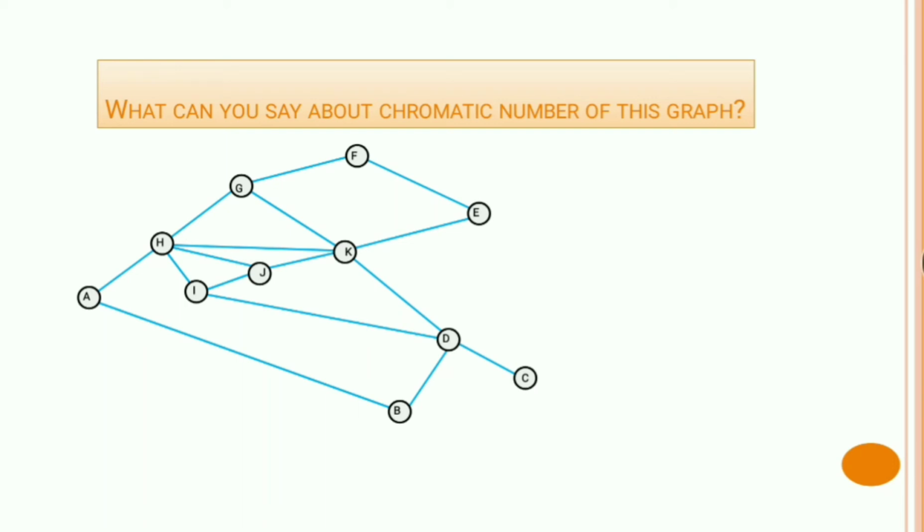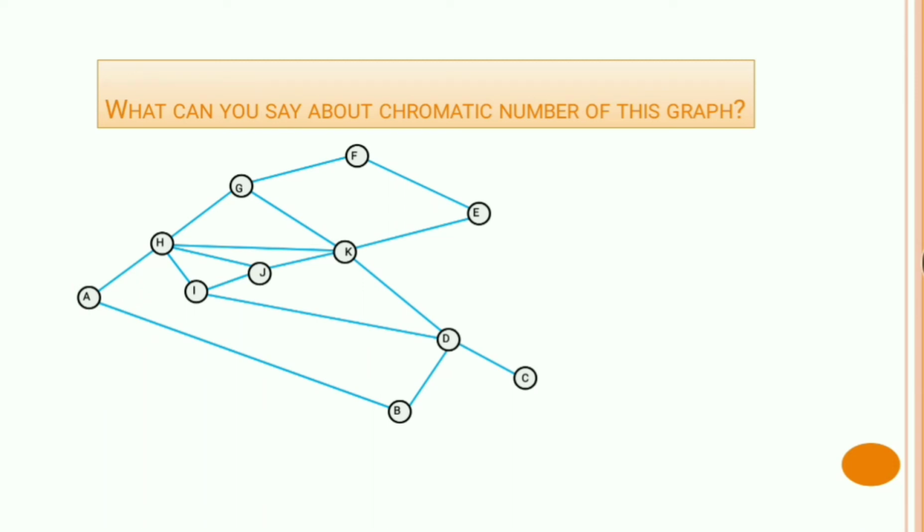I think many of you must have gotten different answers like 3, 4, 5, 7, because there are 11 vertices here. So you all must have got different kinds of answers, and it takes a long time to decide which color to be used on which vertex, right?